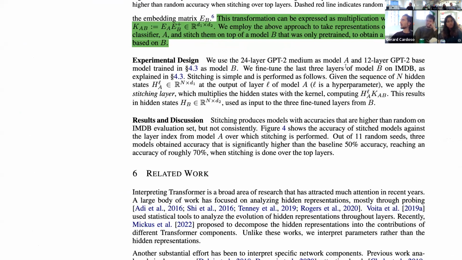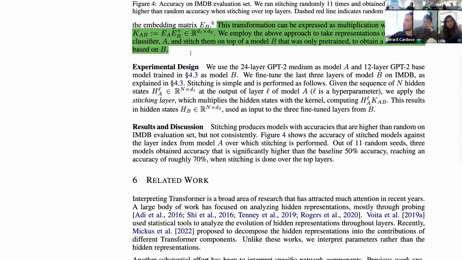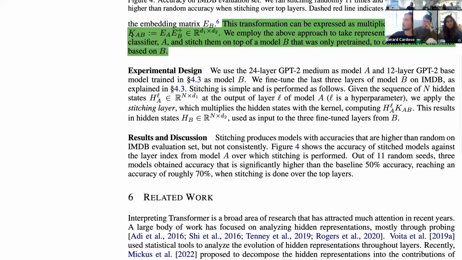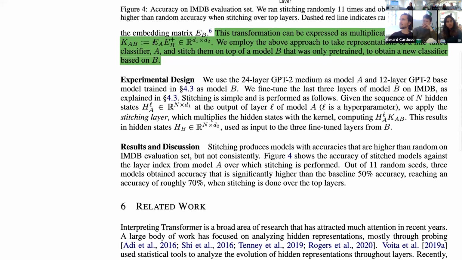They fine-tune the last 3 layers of model B, and then they take the hidden states and multiply them by this kernel. It's projecting first into the embedding space of your own model, and then projecting back using the embedding matrix of the other model.